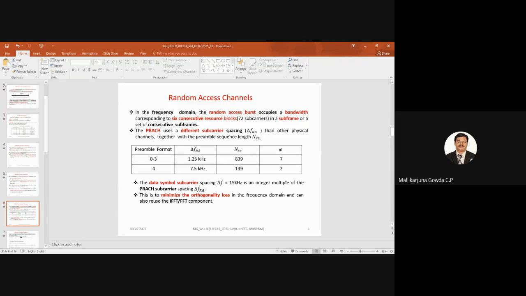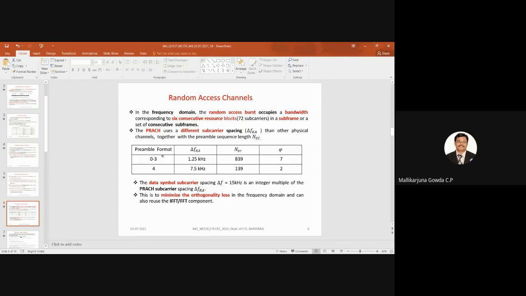The physical random access channel uses a different subcarrier spacing than other physical channels, together with the preamble sequence length, which is denoted as N suffix ZC. ZC indicates this is the Zadoff-Chu sequence, so the preamble sequence generated using this Zadoff-Chu sequence is denoted N suffix ZC.